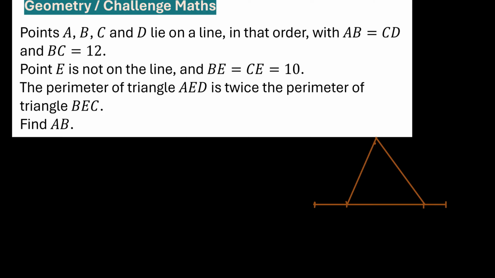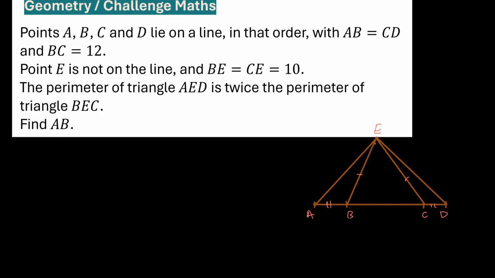Okay, so then they're saying that is E, and then AED. So I think we have to join these two points as well, and then we need to name them. So I'll say A, B, C, and D, and AB is equal to CD, and that's the point E. So BE equals CE equals 10, so these are equal.